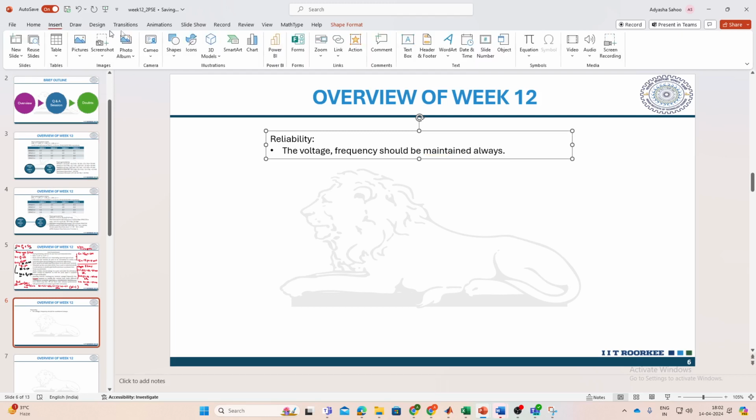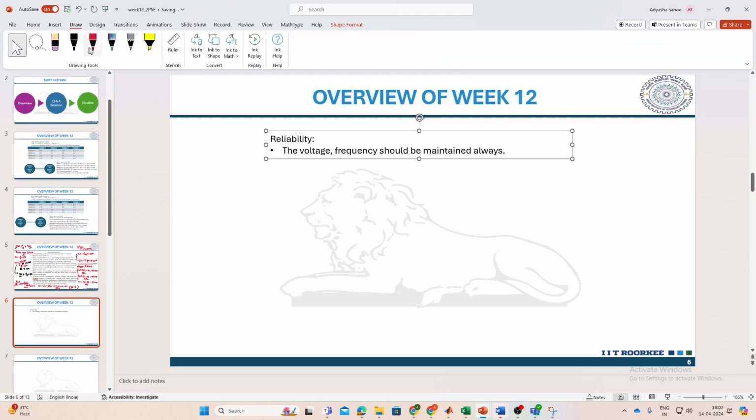But as I said, these are plants which can have wear and tear. So, depending upon the type of the plant, we can draw the characteristics of the plant with respect to time, like this.